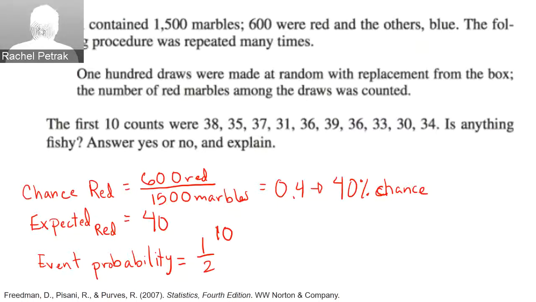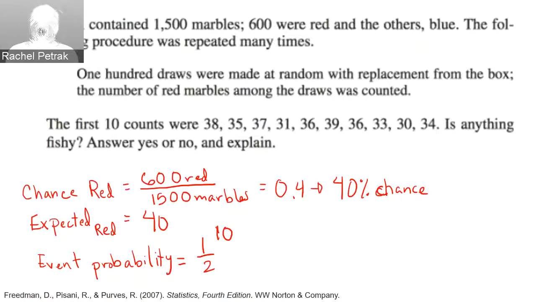You should always be going back to, well, what is the expected value and the standard error for any particular chance problem. If we're asked something like this, many things go back to looking at the expected value or the difference between expected and observed values, which is what we're doing here.